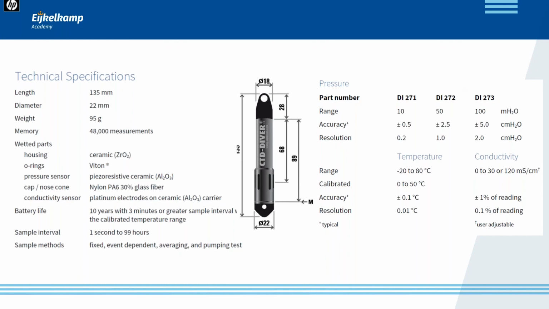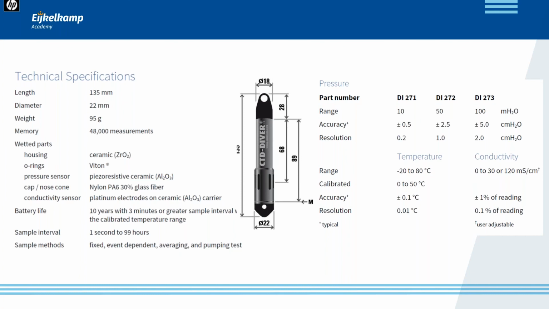This means the diver with 10-meter range is applicable in water with maximum 10 meters of water column above the sensor. And the diver with 50-meter range is applicable with a maximum of 50 meters of water column, and the last one 100 meters of water column. So these different types do have different accuracies, as you can see.